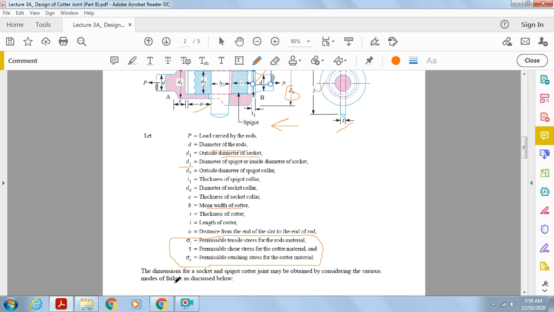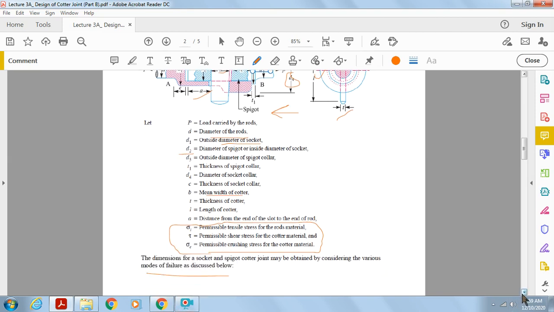Now the dimensions for a cotter and spigot joint may be obtained by considering the various modes of failure, as discussed below.